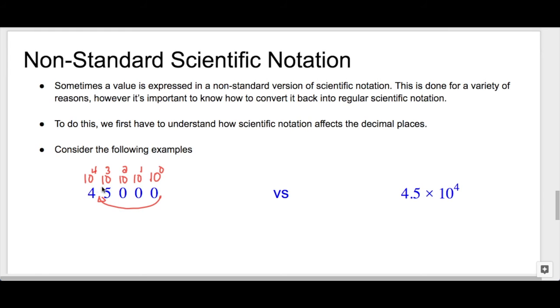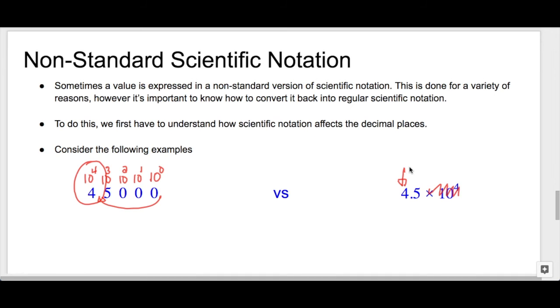If we look at where this place is, we can see what our value of 4 actually is. Our 4 is in the column of the 10 to the 4 power. So in scientific notation, this is 4.5 times 10 to the 4.